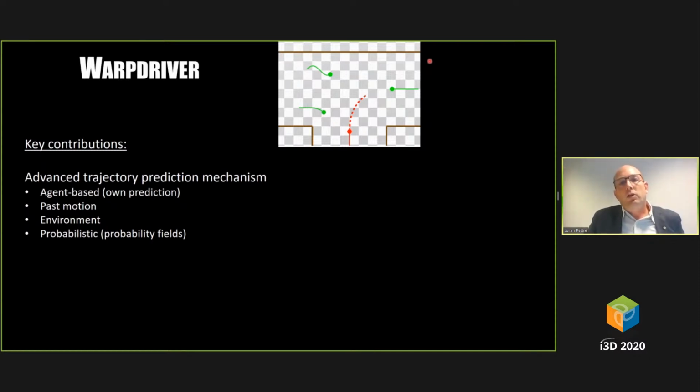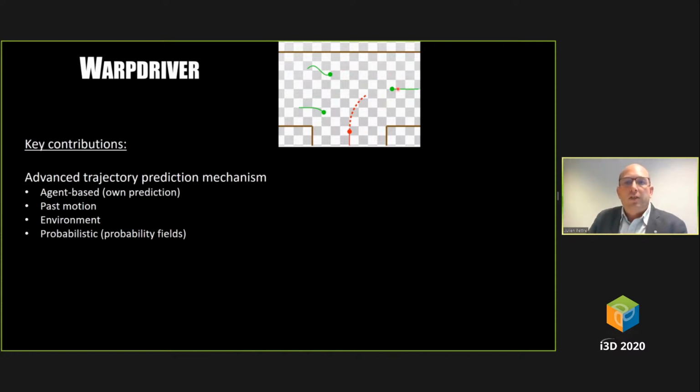If you try yourself to make this exercise of guessing what is happening next, you can probably figure out that this agent, for example, here on the left, is probably making a right turn into this corridor. You can also maybe guess that this other agent performing this weird motion will probably continue making those S-shaped trajectories, but going to the right.